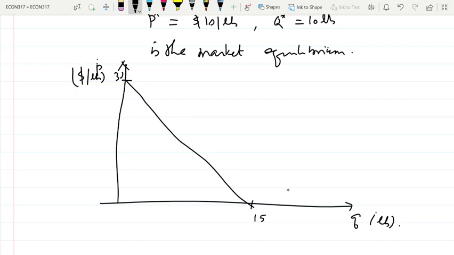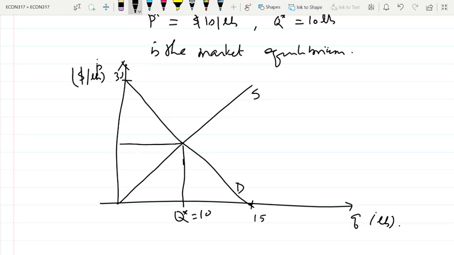It should be a straight line. I will denote it by D. And the supply has a vertical intercept of 0 and slope 1. If we have drawn this graph to scale, we would notice that quantity 10 and price 10 turn out to be the equilibrium outcome.